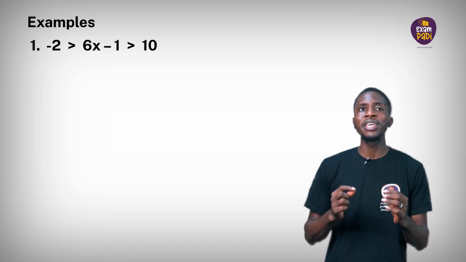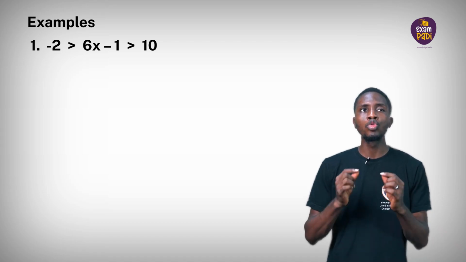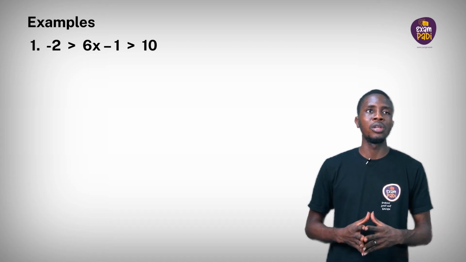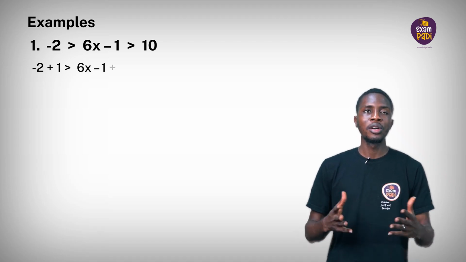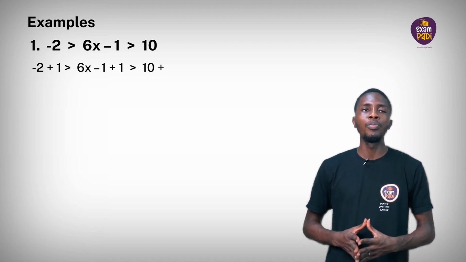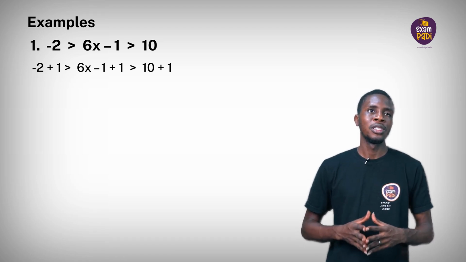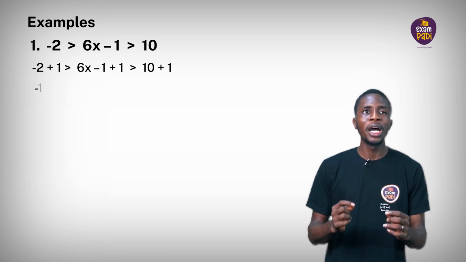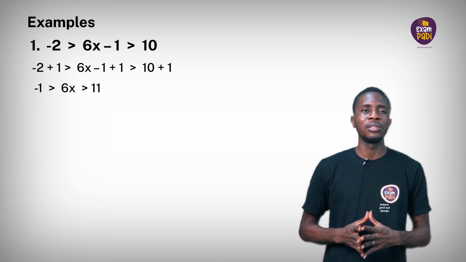In the process of getting the x by itself in the middle, you should add 1 to all 3 parts of the inequality. That is, minus 2 plus 1 greater than 6x minus 1 plus 1 greater than 10 plus 1. This will result in minus 1 greater than 6x greater than 11.